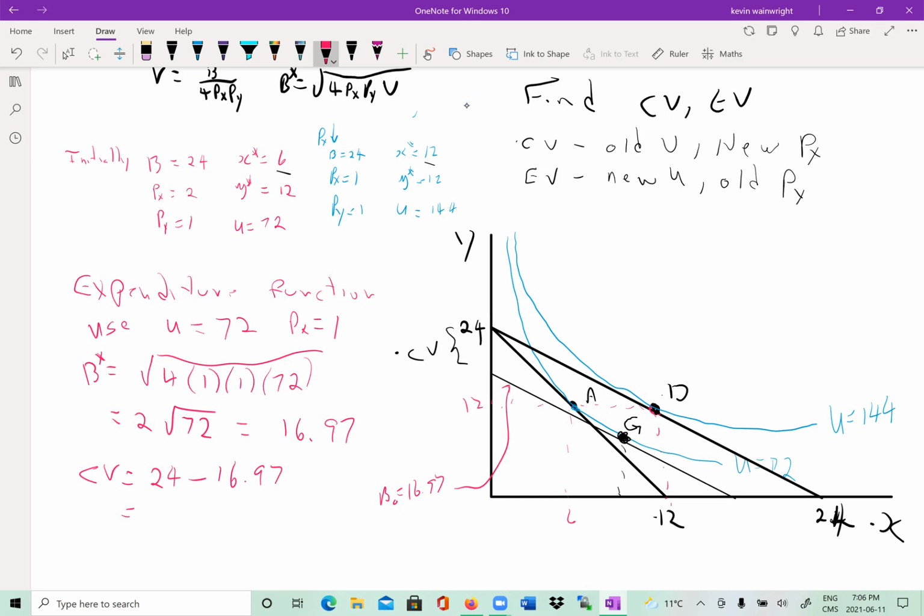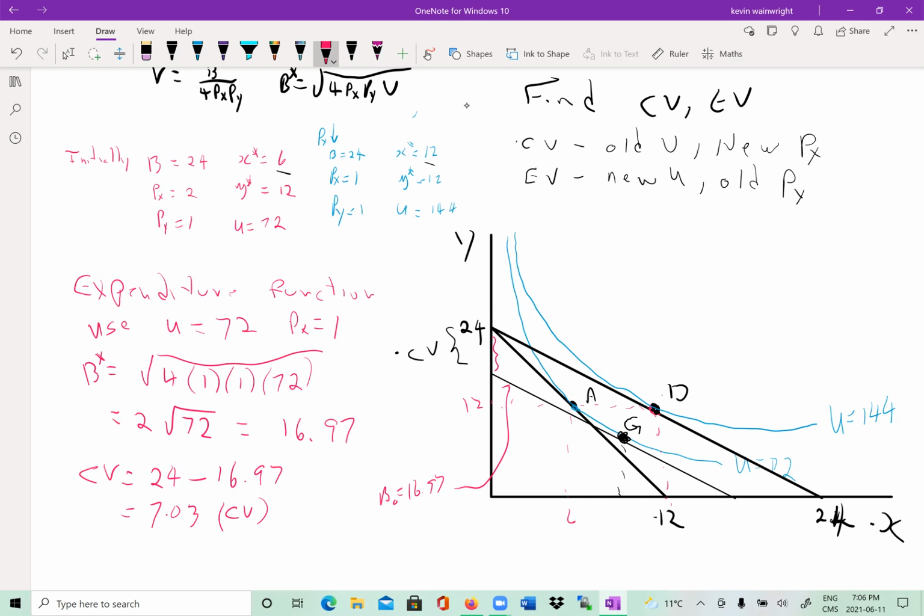So that is going to be, one second, $7.03. So that's my CV. The willingness to pay. I'm willing to pay $7.03 to get the lower price of X.